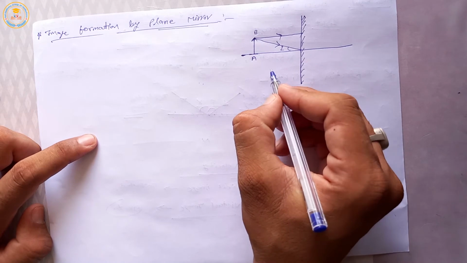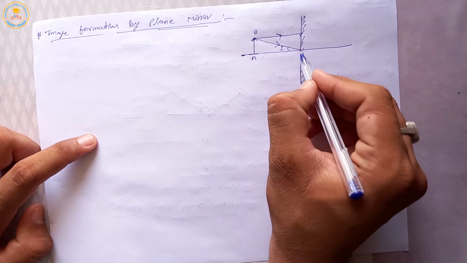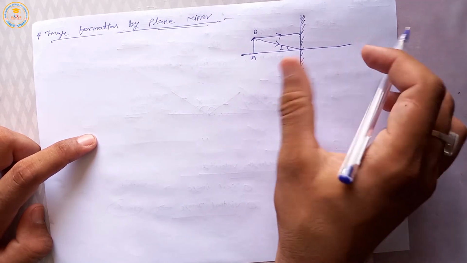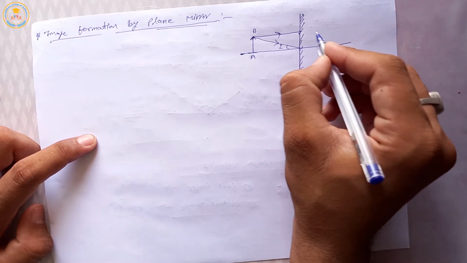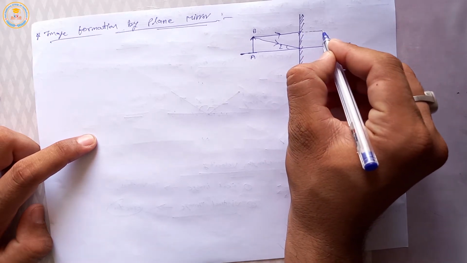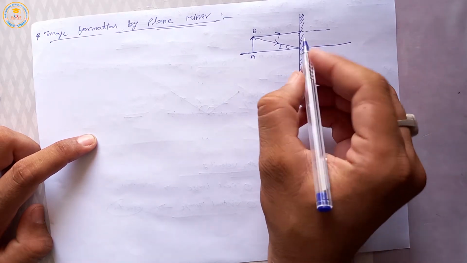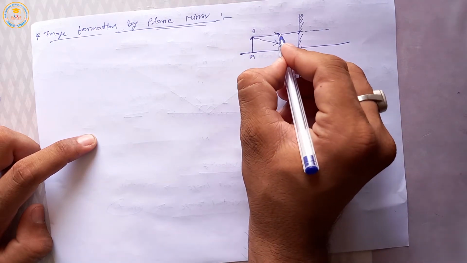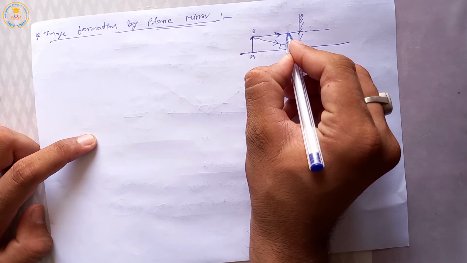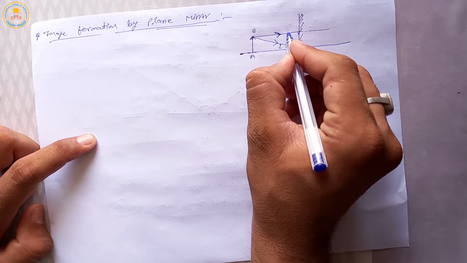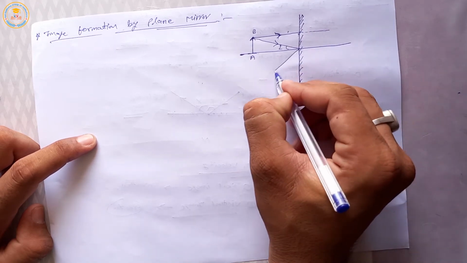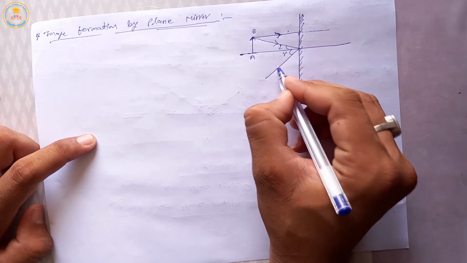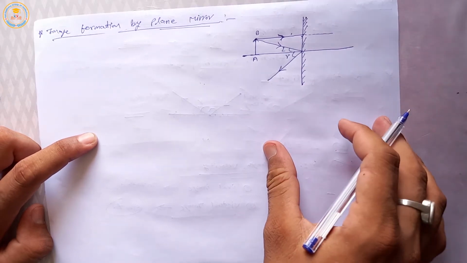Now these rays are virtually seen coming from this point. Okay, after the reflection, this ray reflects the same way, and this ray at the same angle, this is R, this is the reflected ray.